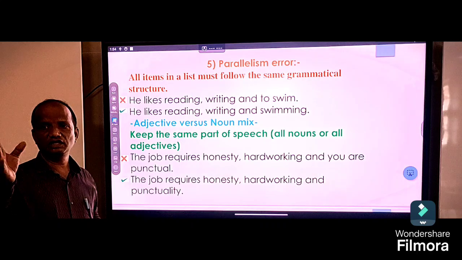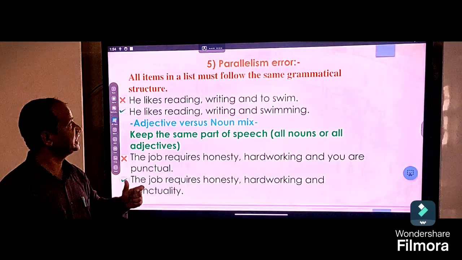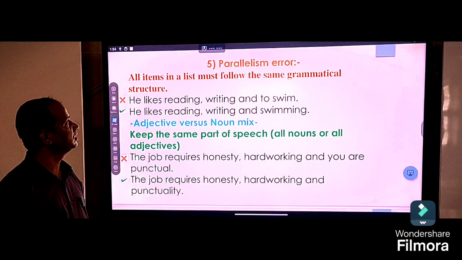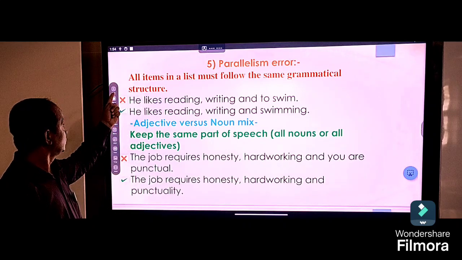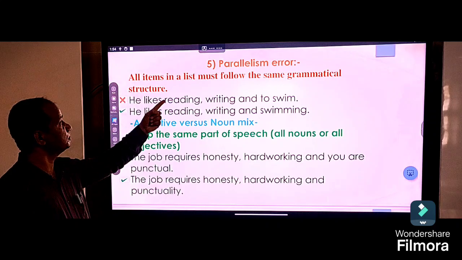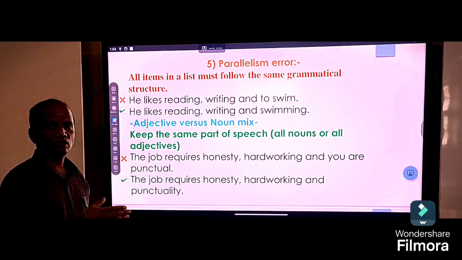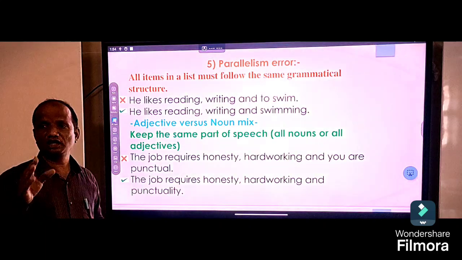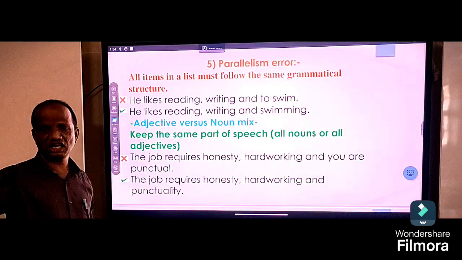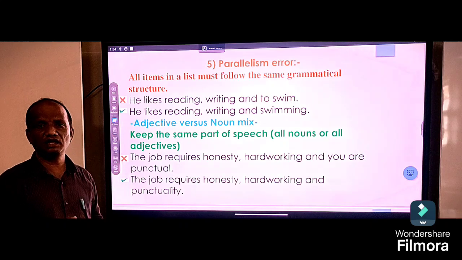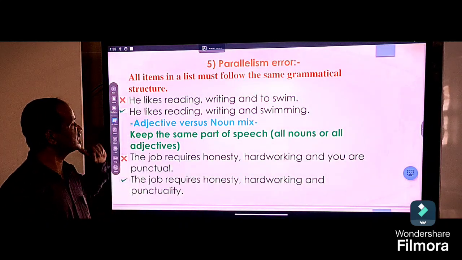So to avoid this error, all items in the list must follow the same grammatical structure. It means the list of things, qualities, adjectives or nouns given in the sentence should be in the same grammatical form or structure.